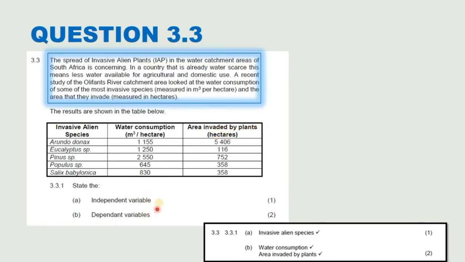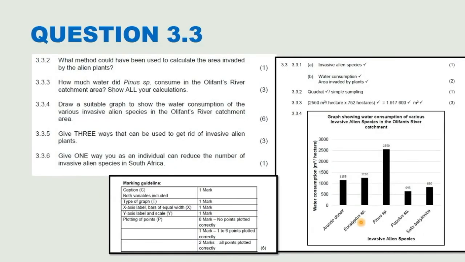That's specifically the two questions that we looked at over here. So your independent variable is your invasive alien species, and the dependent variables are the water consumption and the area that they invaded.